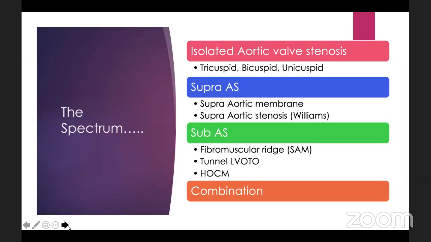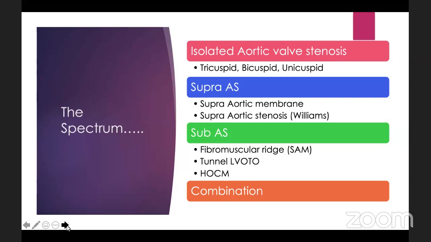The level of obstruction could be at the supravalvular level, either in the wall of the aorta, such as the cases of Williams with supra AS, or it could be a discrete membrane just at the sinotubular junction on the inside, causing the obstruction, which is less common.